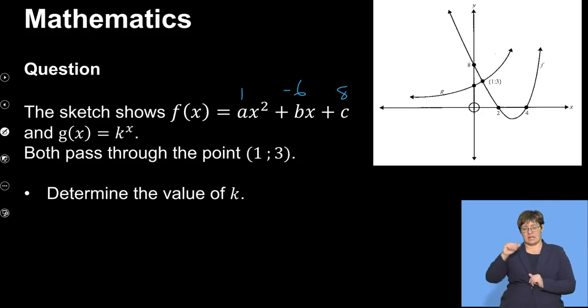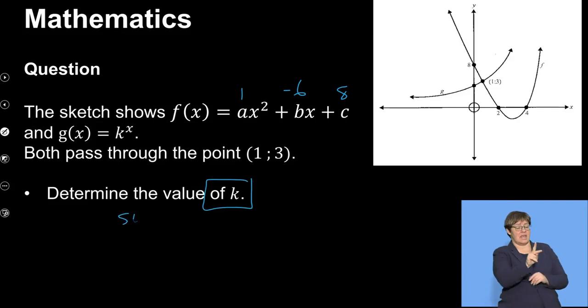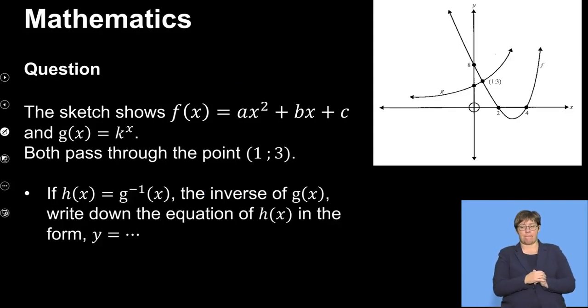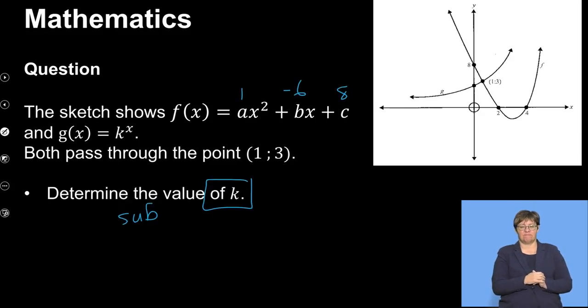I will be writing them as we move along so that we are clear as soon as we need to use the equation. Now we need to find the value of k. You just need to substitute the point now here, right? Before we look at the inverse, substituting this point, it will be 3 equals k to the exponent of 1.